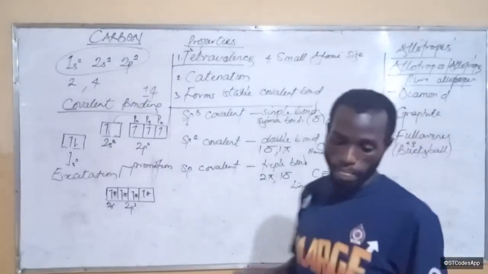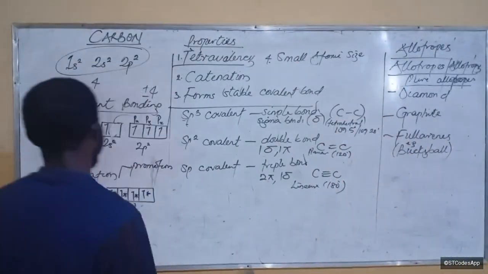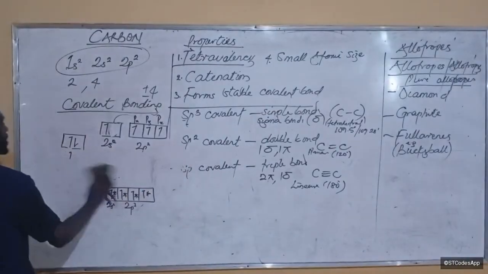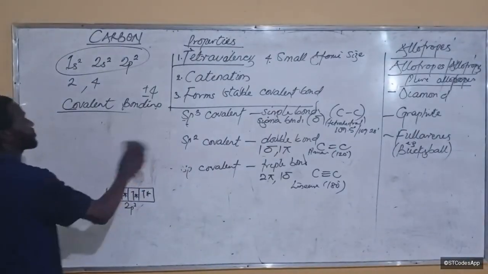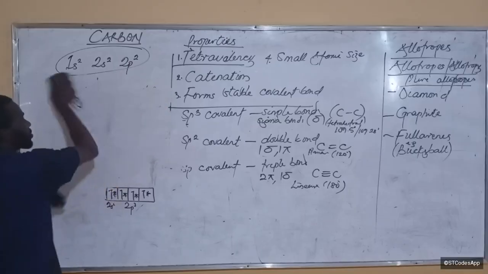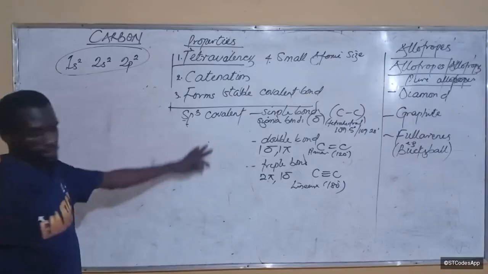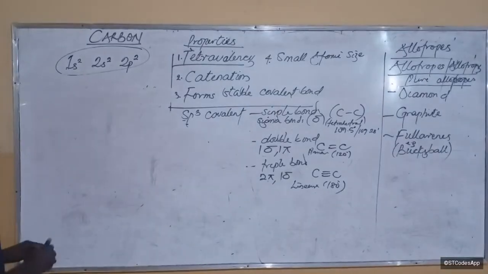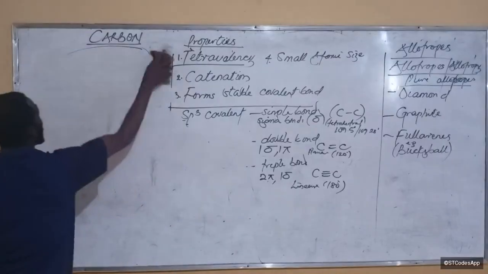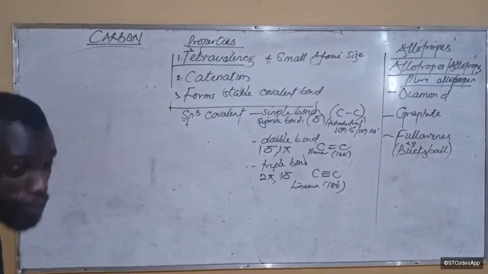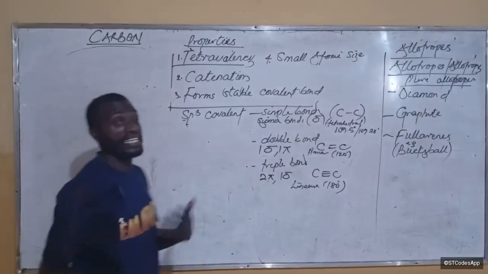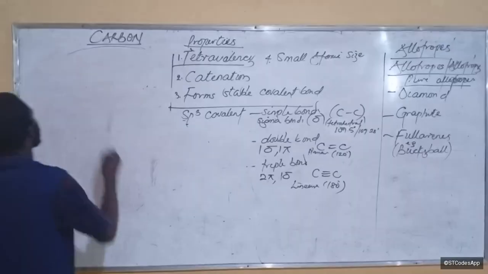Now, let's talk about diamond quickly. Based on what I have explained here, you should know that diamond is the hardest substance in the universe, right?